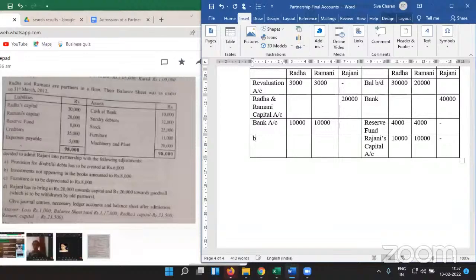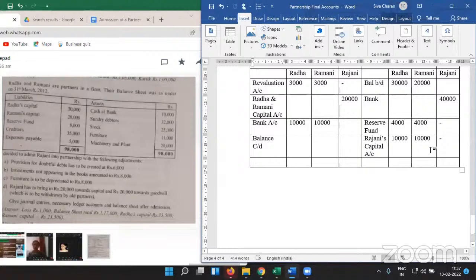So now finding the balance carried down. Find the totals of capital balances of the partners. Let us start with Radha from the credit side. Radha's total is 30,000 plus 10,000 plus 4,000, that is 44,000.